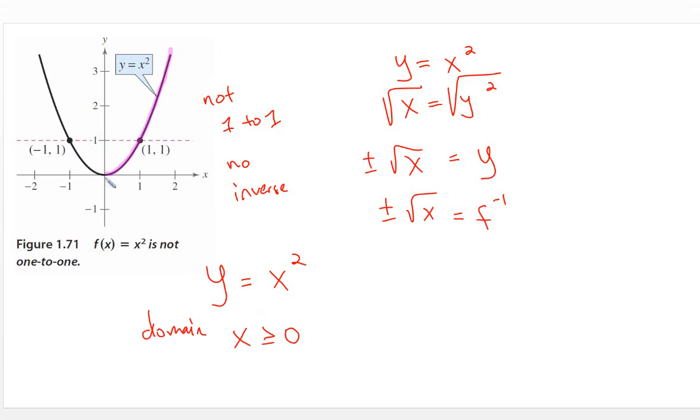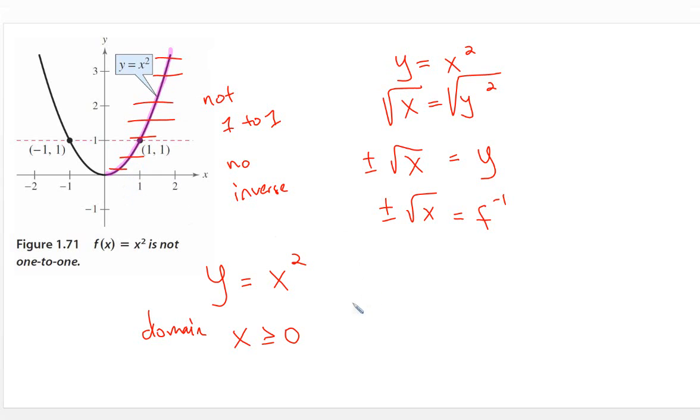Basically, this negative side over here, we are not going to include in our domain, so it's not going to include that part of the graph. So the domain is only this part here, from 0 going to infinity. So now, if we do the horizontal line test, it will pass, because we're only testing this part of the graph. So technically it does have an inverse.